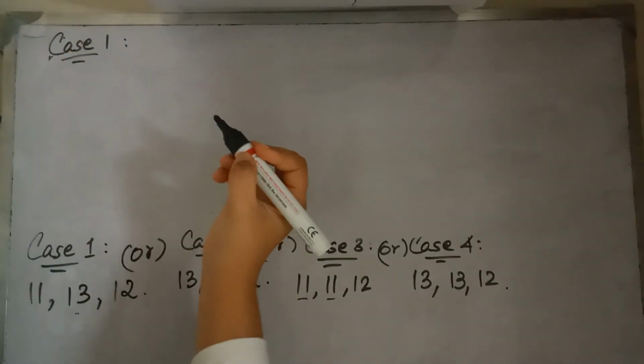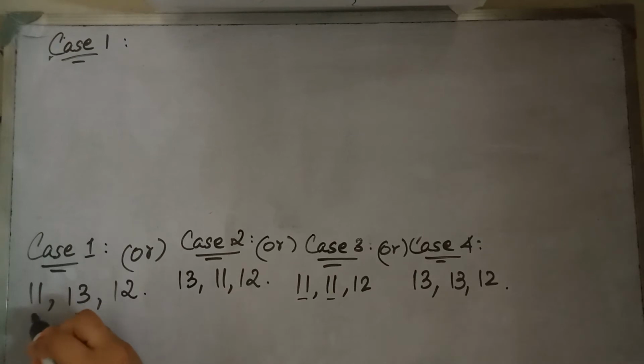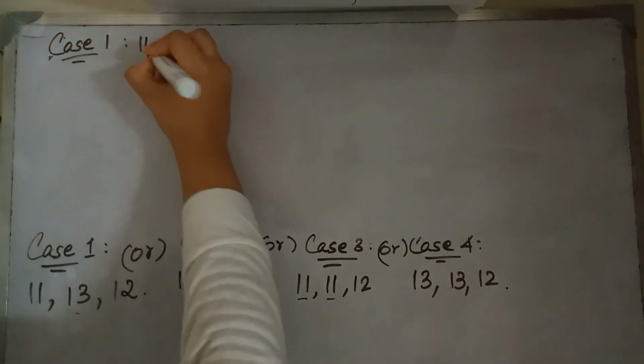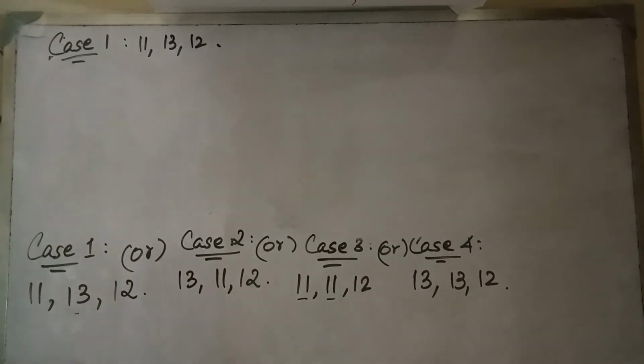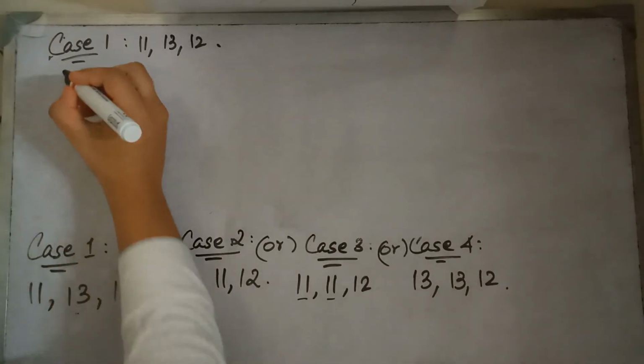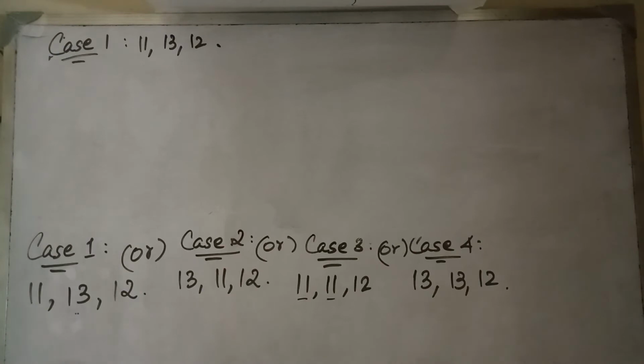In case 1, what happens is I get 11 and then 13 and then 12. So what's the probability of me getting 11? Let's look at the question again.